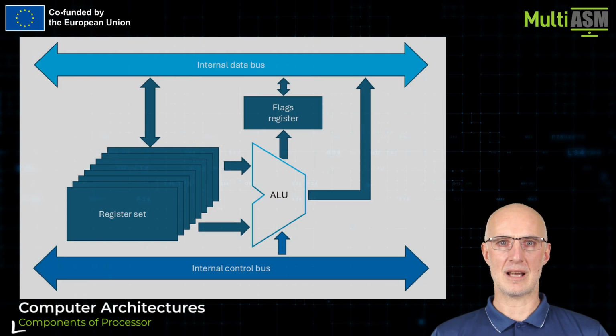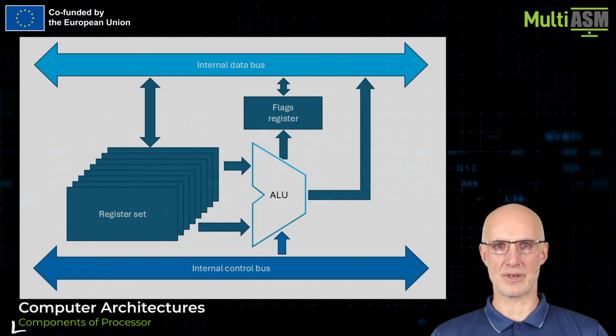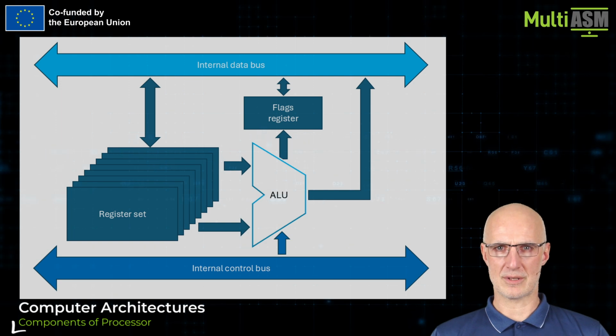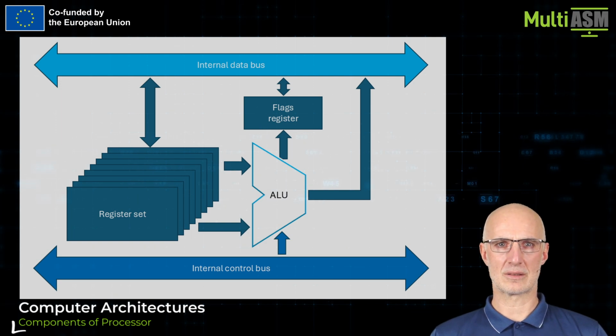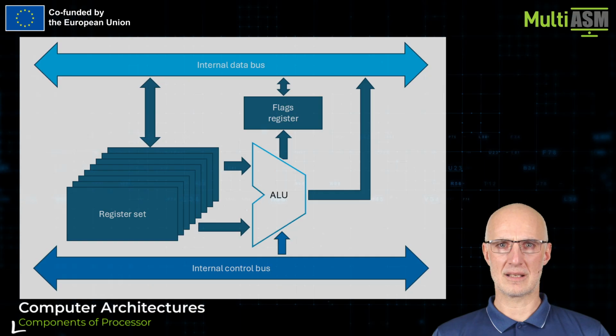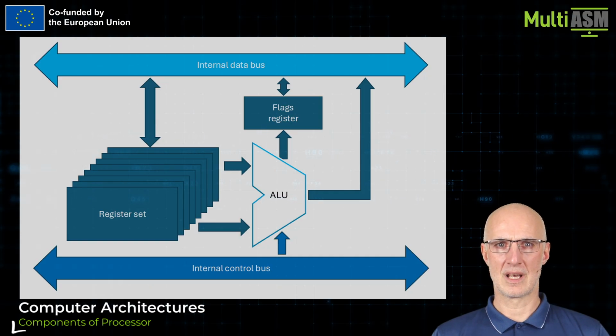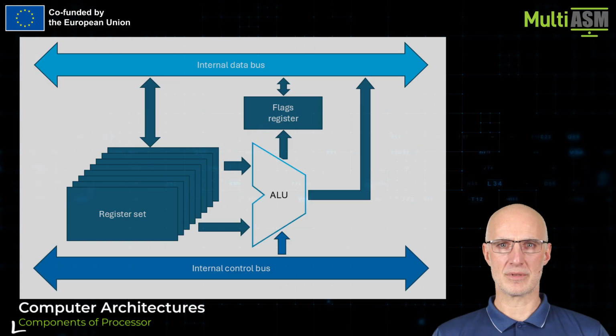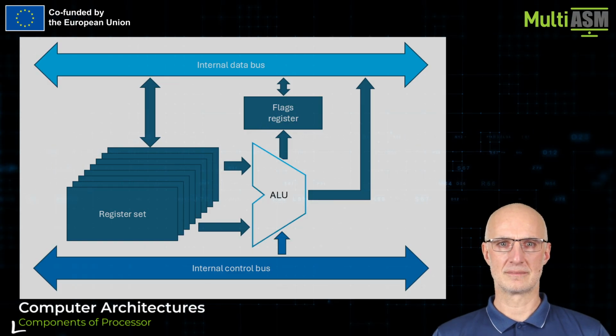It uses data coming from registers or from memory. Data coming from memory for arithmetic and logic instructions is stored in the temporal register. The result of the calculation is stored back in the register or memory. In some legacy CISC processors, the only possible place for storing the result is the accumulator.